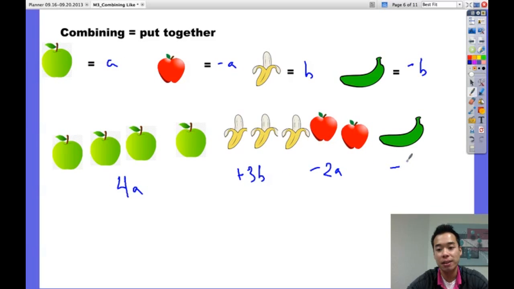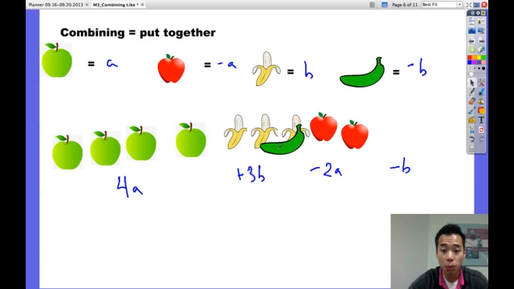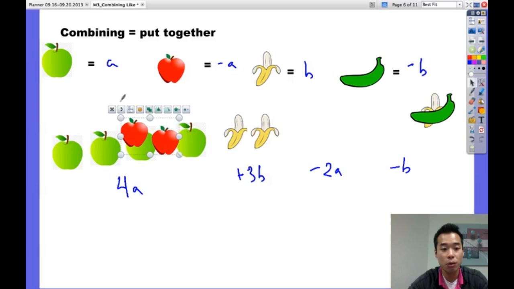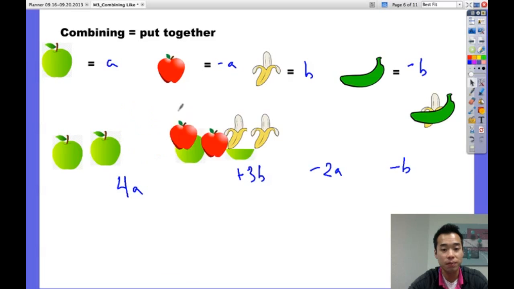I have a negative banana. Quickly combine terms. 1 green apple and 1 yellow apple create a zero pair, they disappear. So right now I lose 1 banana. 2 red bananas with 2 green apples create 2 zero pairs, so those are gone.